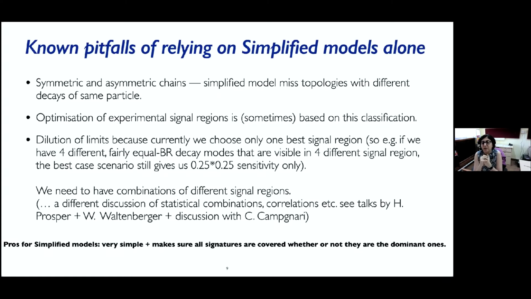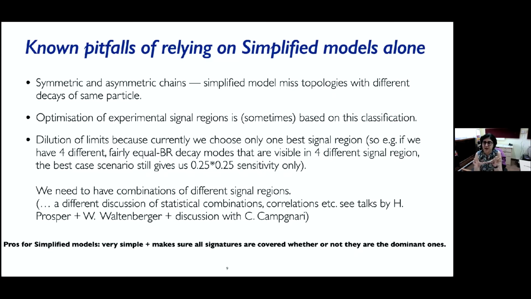Secondly, if you are designing experimental signal regions and rely only on these simplified model topologies, then there is a danger that you might miss some optimization because you are biasing yourself to only look at that particular channel. Next is about dilution. When you have these searches, you have a blind analysis, right? So you choose what signal region to use to exclude your model before you actually look at the data.